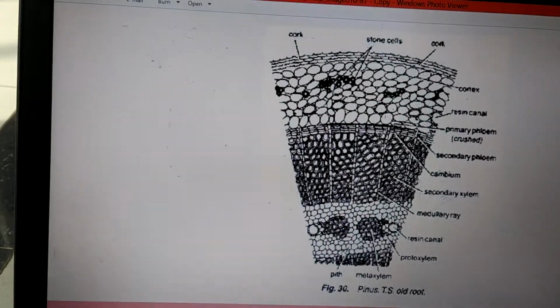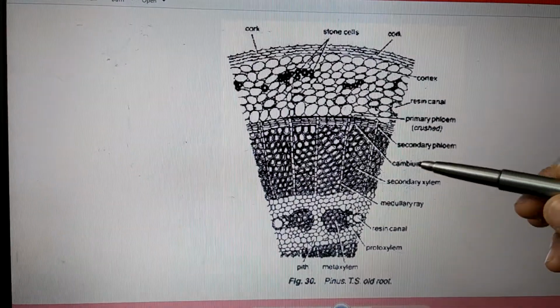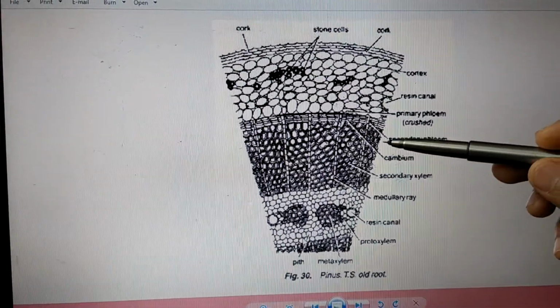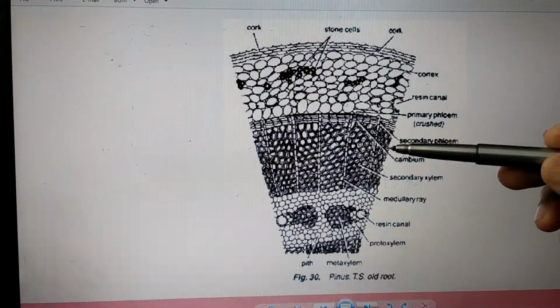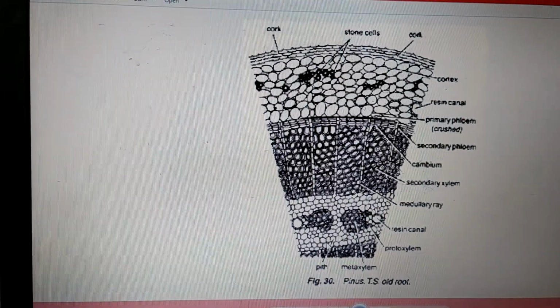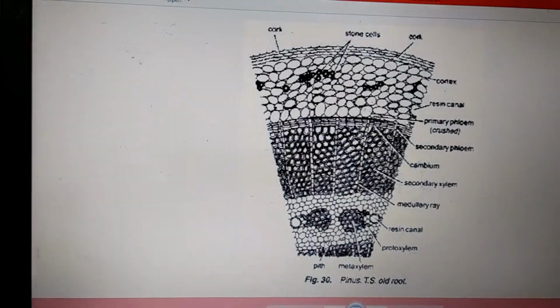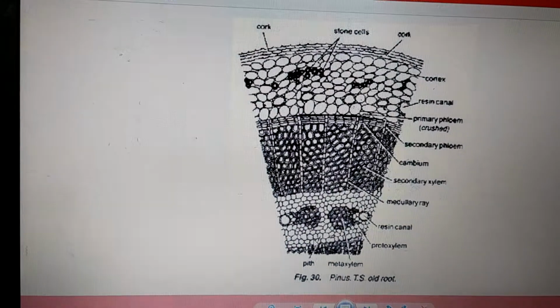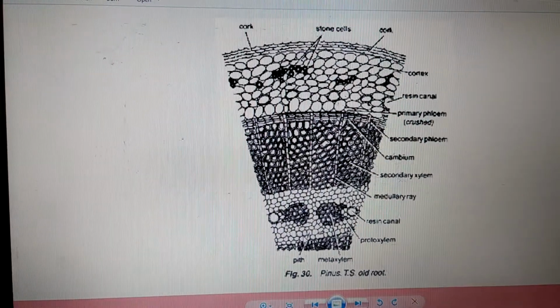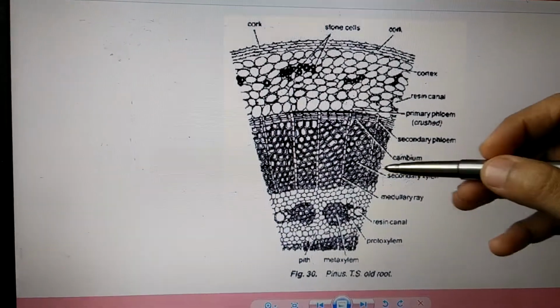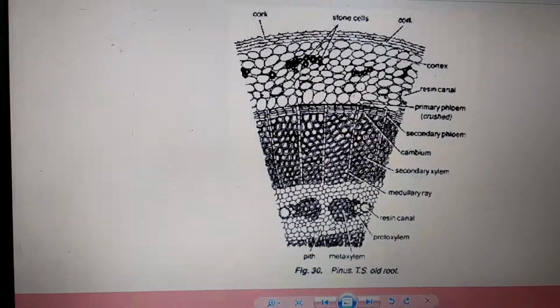The same function is done by these medullary rays. They cover that damaged area by deposition of tannins and resins which block it. This process is called tylosis, that is, blocking the damaged area by deposition of tannins and resins. This important function is done by these medullary rays.